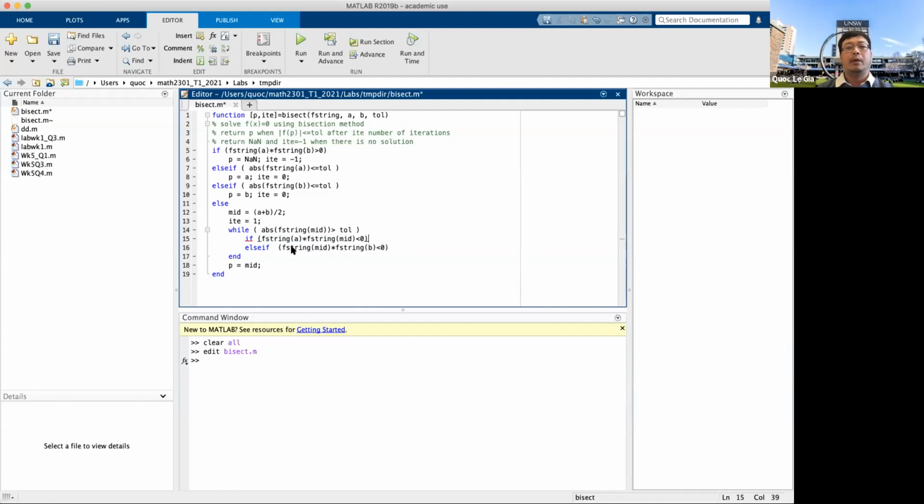Now remember, if the solution is in the half interval, what do we do?